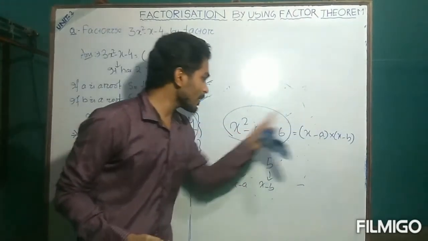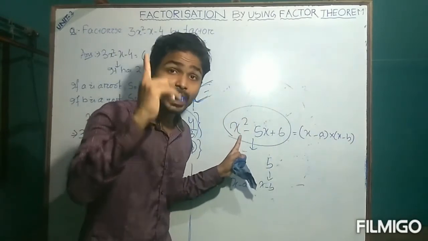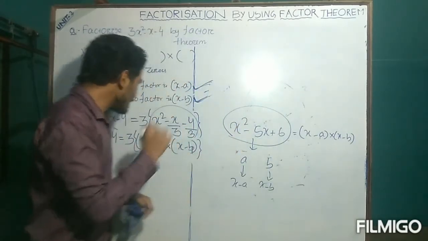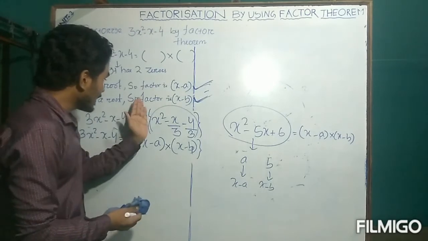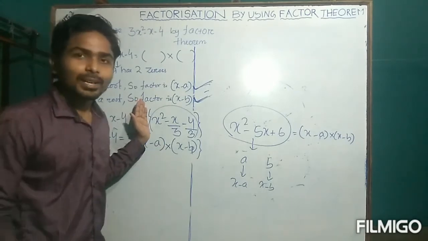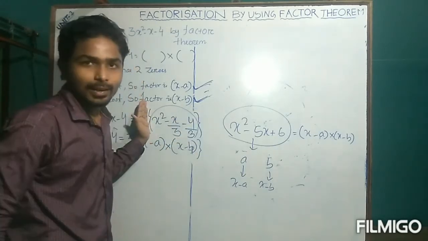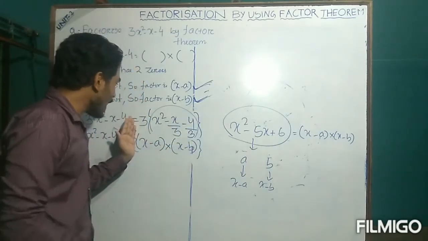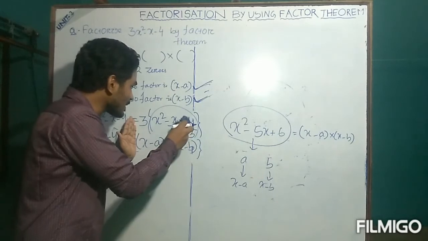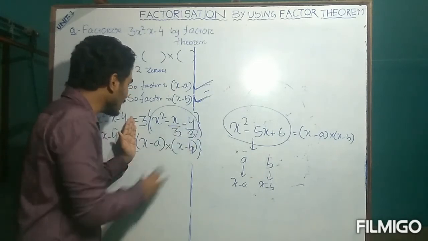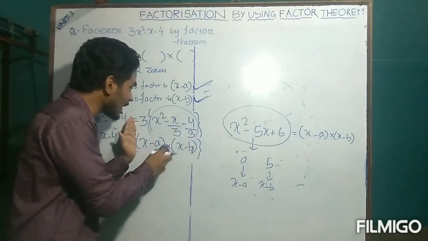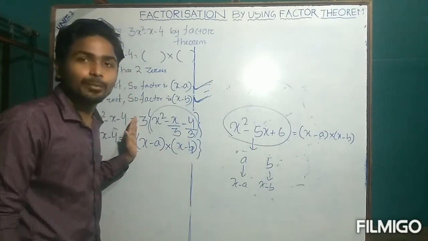Why am I writing this? Because here the coefficient of x square will be 1. Now you can see here the coefficient of x square will be 1. Okay. That's why this is the quadratic polynomial. For that reason, I am writing x square minus x by 3 minus 4 by 3 is equal to x minus a into x minus b.